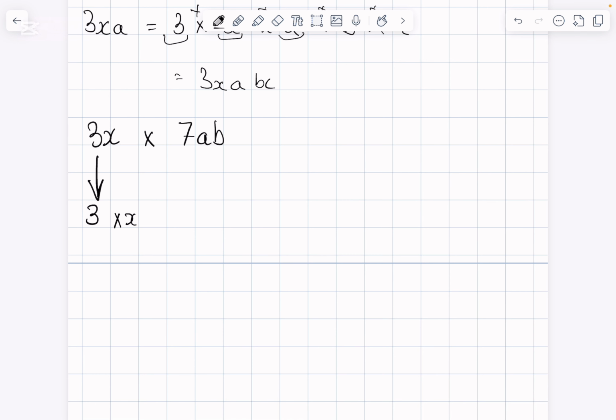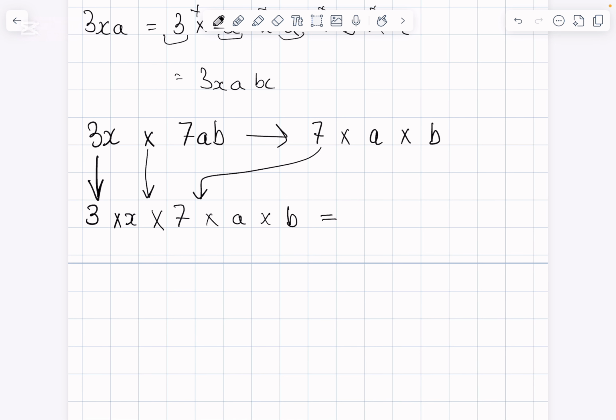Following the exact same logic, 7ab is the same as 7 times a times b, so we can just write it over here, adding a multiplication sign and then 7 times a times b to simplify things for us.